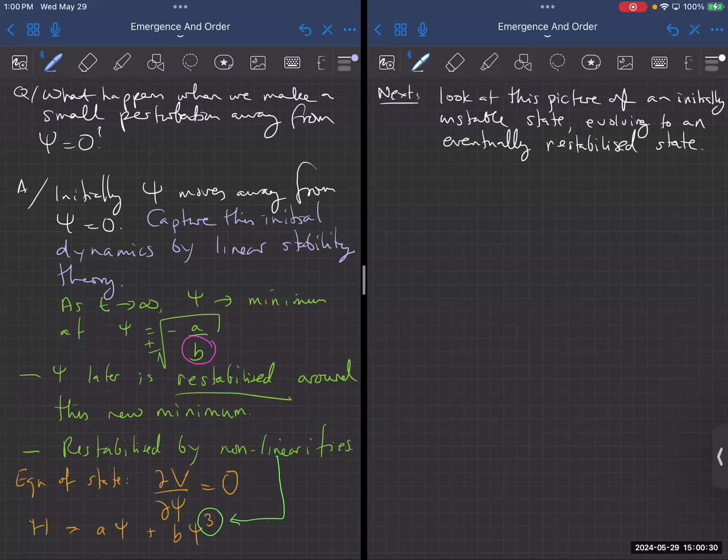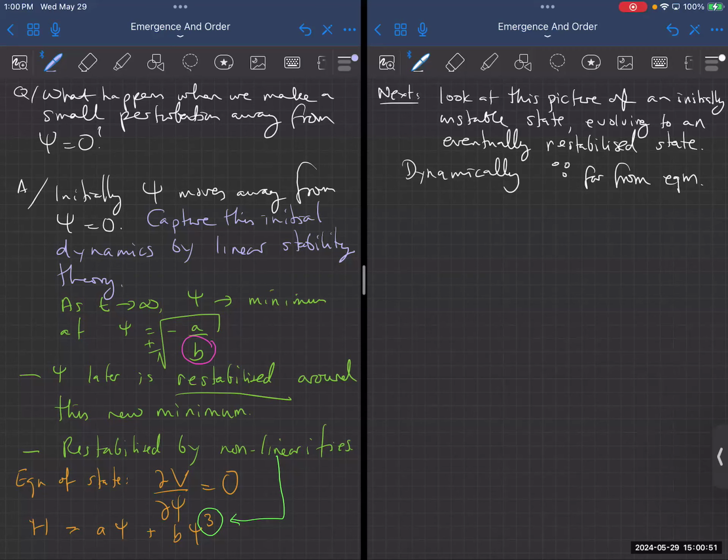And we're going to look at this dynamically, because we are far from equilibrium, and so we can't use Landau theory or Gaussian distribution or anything like that. Okay, so let's go ahead and do that.